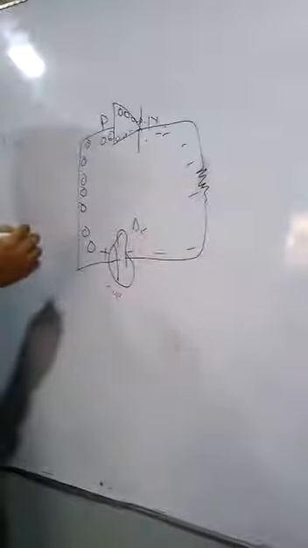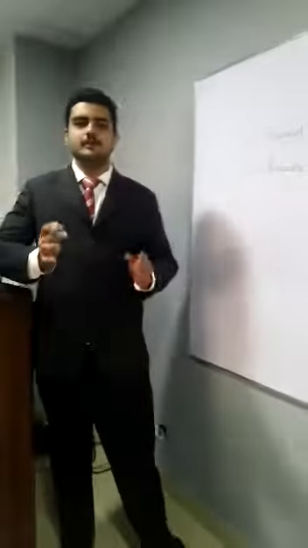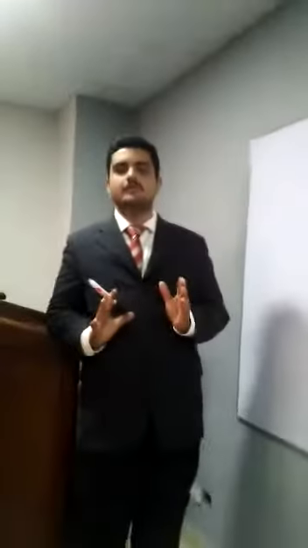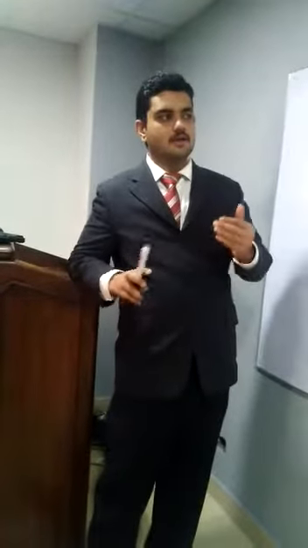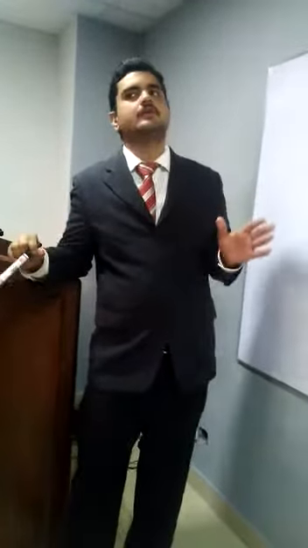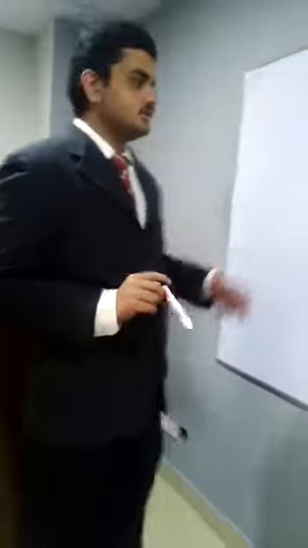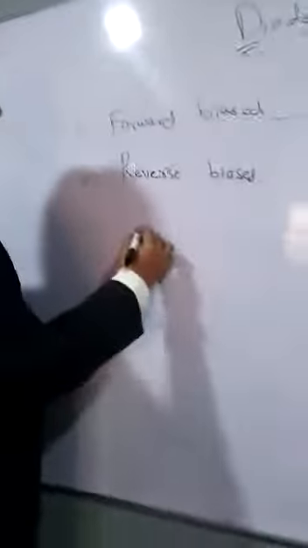And when electrons move from here, the depletion region in the forward bias case will shrink. Why will it shrink? Because the potential barrier becomes smaller and smaller, because it is connected in the forward bias direction.